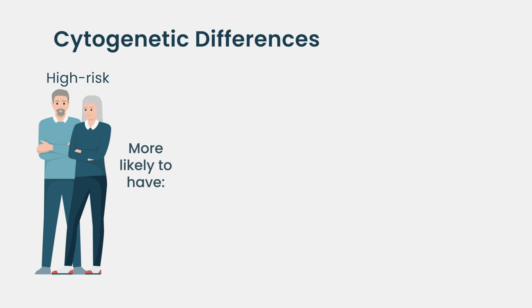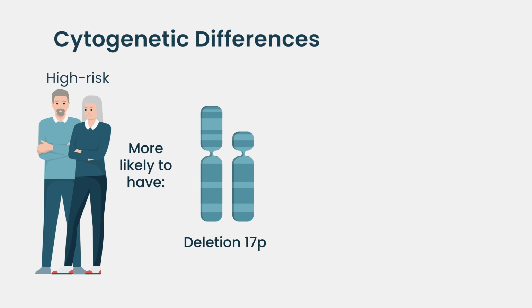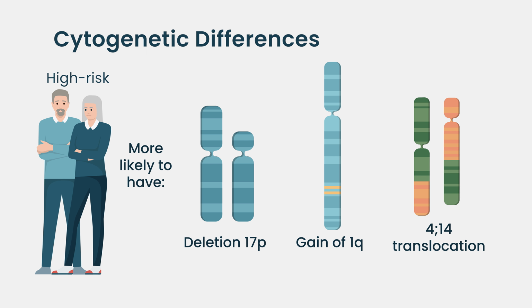One really interesting point is that the high-risk cytogenetics are very different. Several studies have shown that Caucasian patients are more likely to have those high-risk cytogenetics, the deletion of chromosome 17, the addition of chromosome 1, the translocation of chromosomes 4 and 14. Caucasian patients are more likely to have the high-risk cytogenetics than Black patients, which is a huge difference.